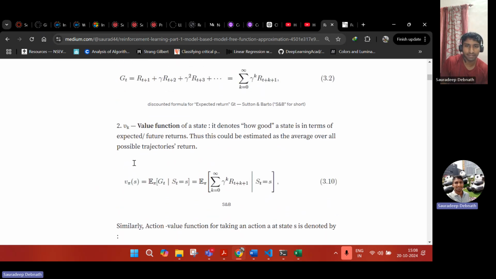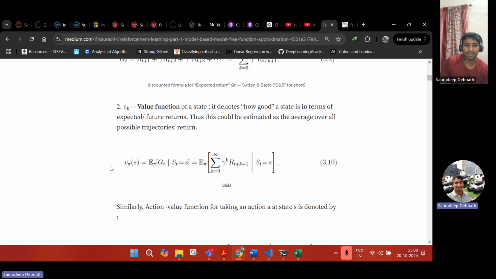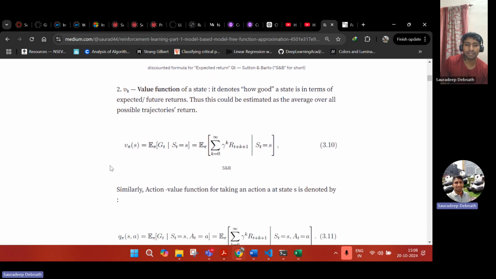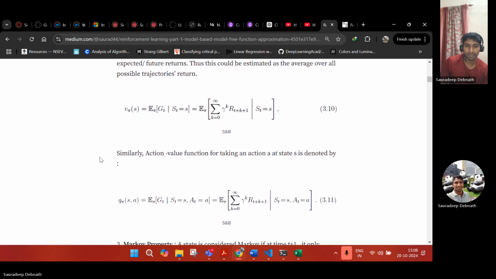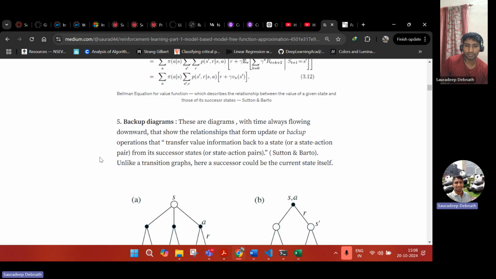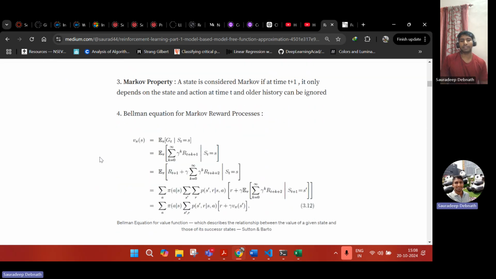And what is value again? Just to jog your memory, it's the average of all the returns from all possible trajectories starting at that state. Now let's use that definition of the value function and substitute the Gt, which is the sum of discounted rewards. We do some very simple algebra: we take out the first term R_{t+1}, and from the rest of the terms we take a gamma common.